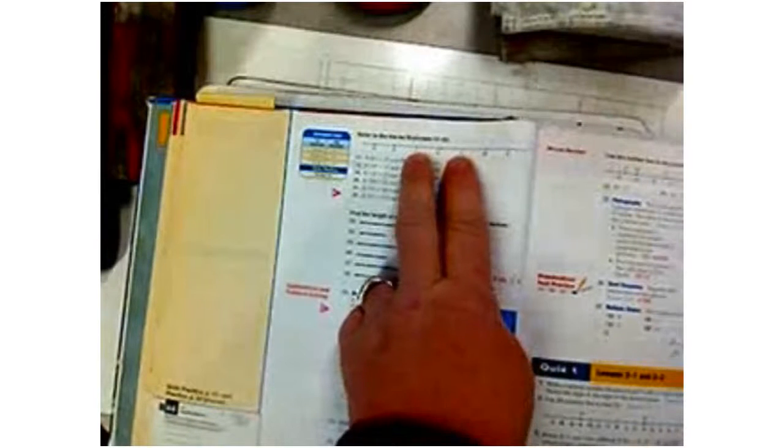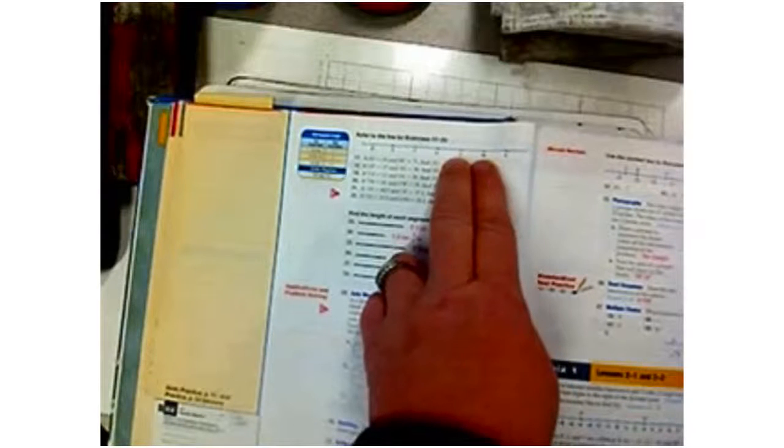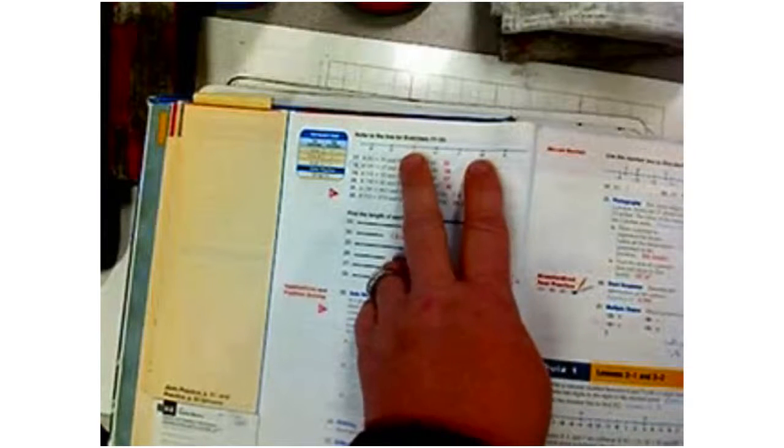V. Right. So when we want to write it out as an equation or formula, we're going to write out each segment: TV plus VW equals TW. Okay?